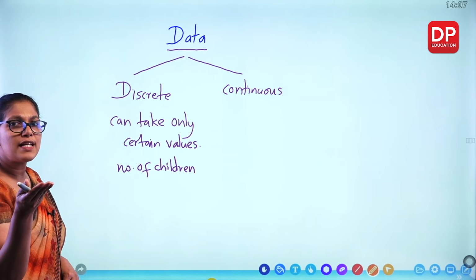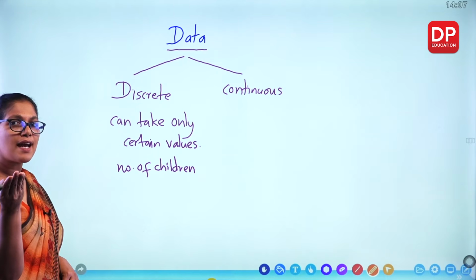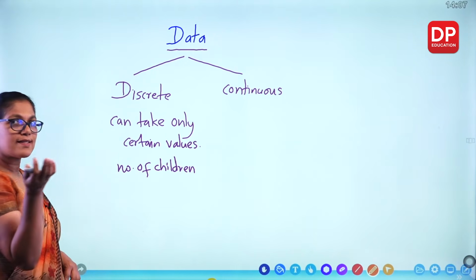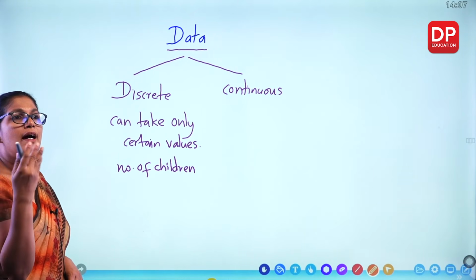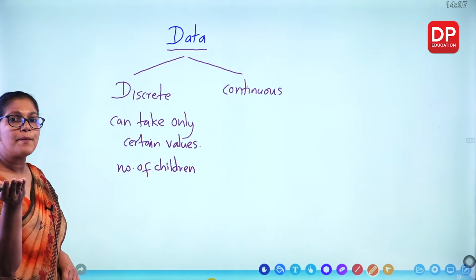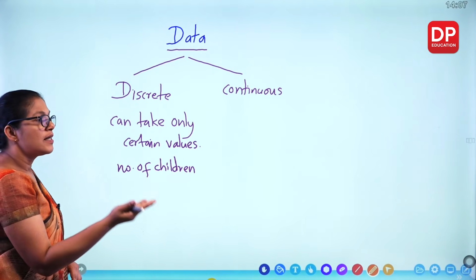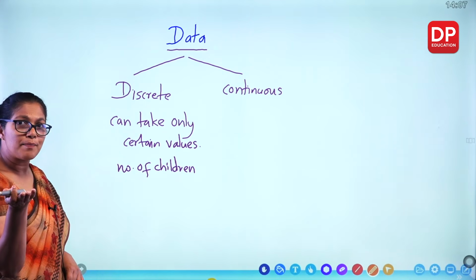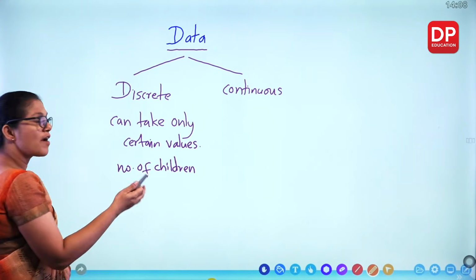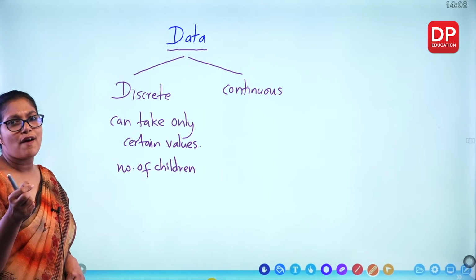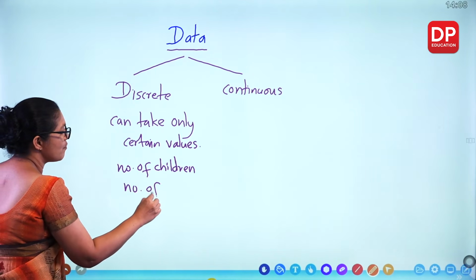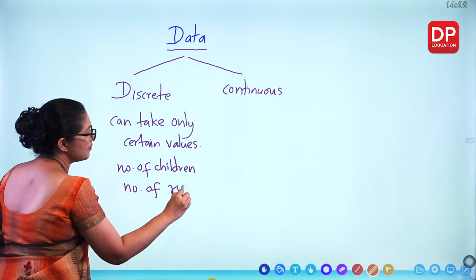So you get 15 and a half, 16, 16 and a half. Certain values are there, so we call collar size also discrete. Another example, number of runs from a cricket match. Number of runs cannot be 0.5.